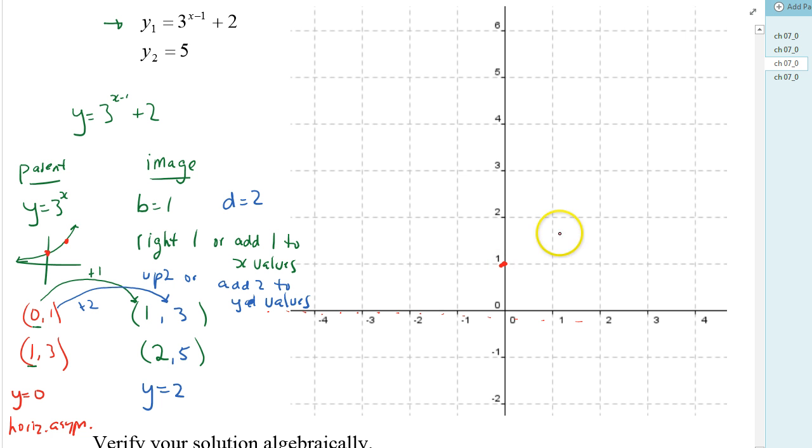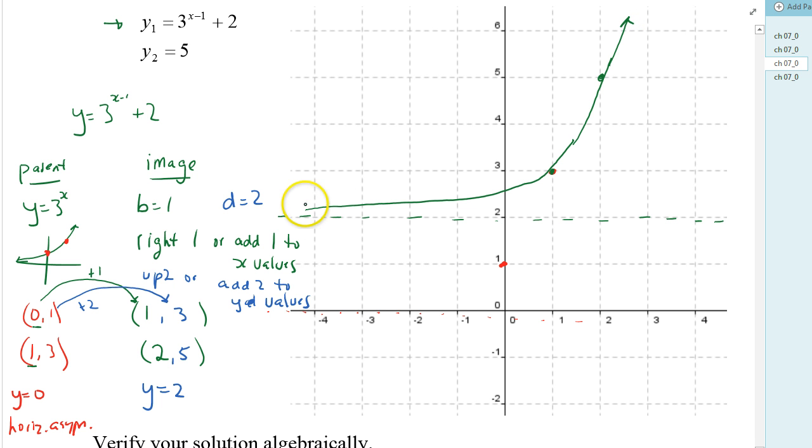I'll just leave these 2 points in here for now, the 1 and the 3. Okay, so I need to go right 1 and up 2. So right 1 and up 2, so this point now becomes 1, 3, so this point moves to where that second point was, and the 1, 3 goes right 1 and up 2 to 2, 5, and there is a horizontal asymptote at y is equal to 2, so I have this asymptote here, and my function is now going to go something a bit more like, I'll try in here.